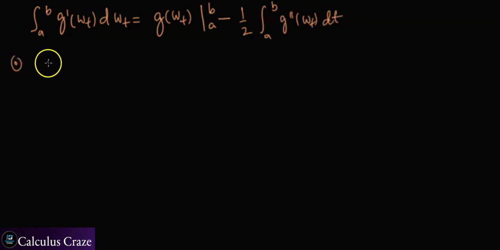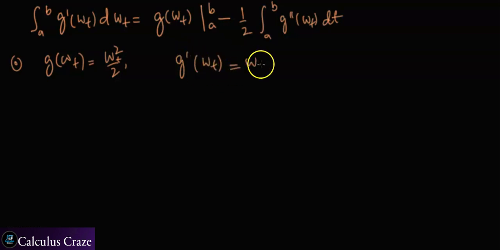Now if we set g of w sub t to be w square by 2, then its first derivative is w sub t and its second derivative is of course going to be equal to 1.